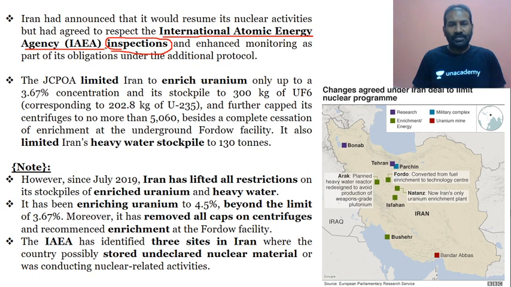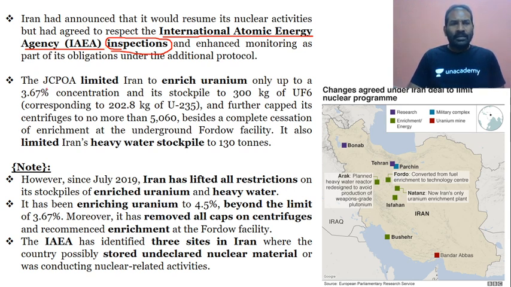This is again important for prelims. Which among the following inspects the nuclear activities in all the countries, not only Iran but all the countries? That is the International Atomic Energy Agency, which goes ahead with inspecting.